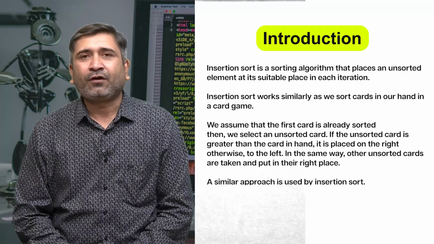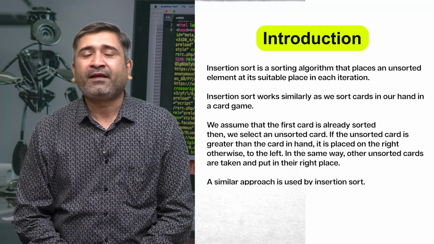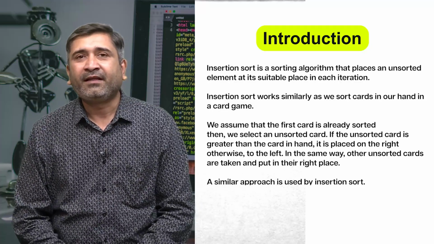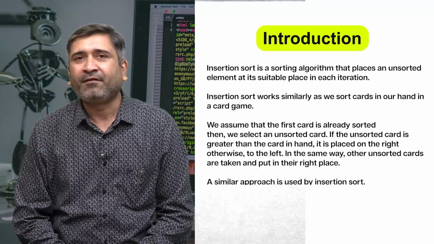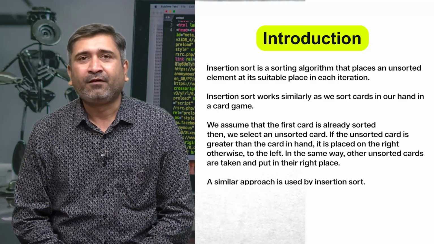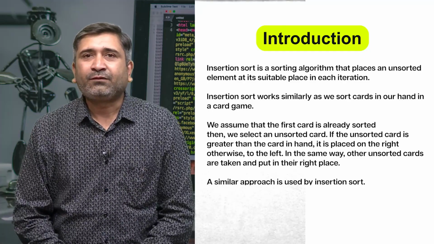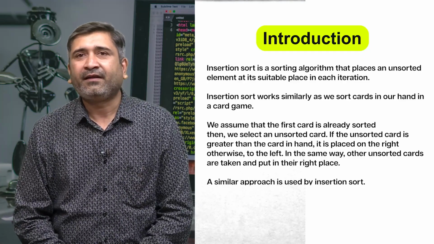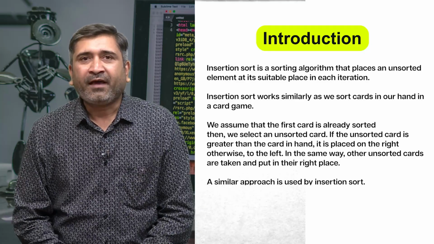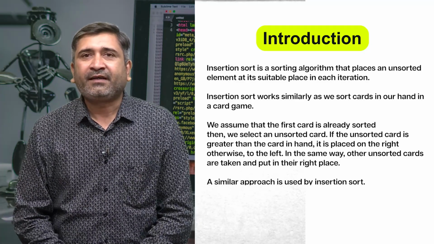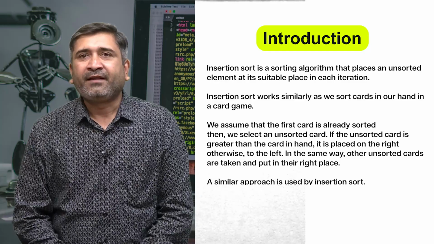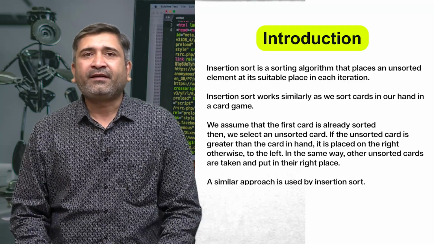How insertion sort works, we are going to explain with the help of a few examples. Then the description of the algorithm will be very helpful to understand. Insertion sort works similarly to how we sort cards in our hand in a card game. We assume that the first card is already sorted, then select an unsorted card.